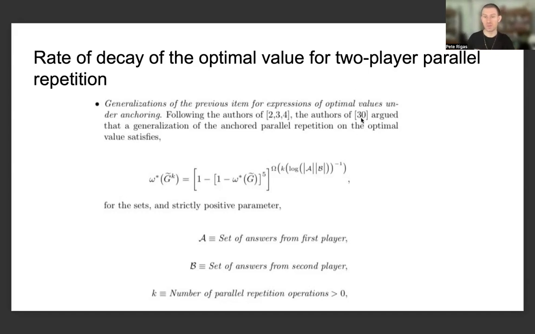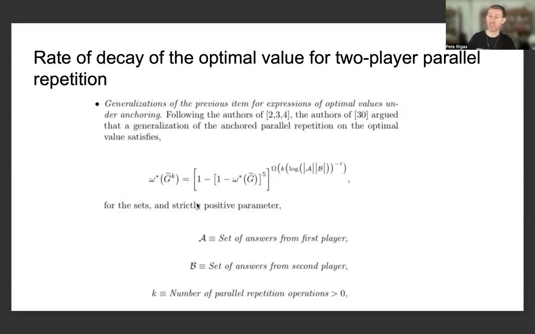The authors of reference 30, namely Jain and Kundu, argued that a generalization of the anchored parallel repetition on the optimal value satisfies this form. Namely, we're looking at the anchored parallel repetition of the quantum value omega star of G twiddle sub k, where little k again represents the number of rounds of anchored parallel repetition.